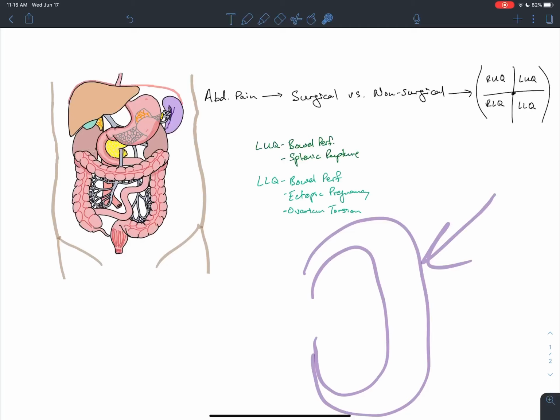And then the last one is ovarian torsion. You can have this on the right side as well, but if you have your ovaries over here, your ovaries are suspended by a bunch of ligaments. And in those ligaments, there's the blood supply to the ovary itself.